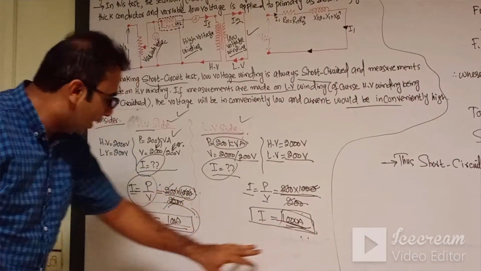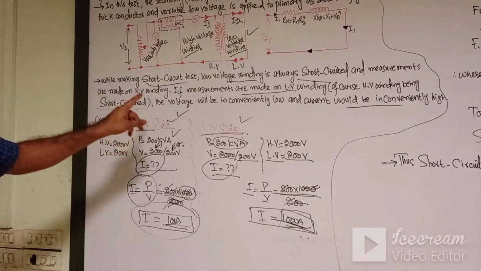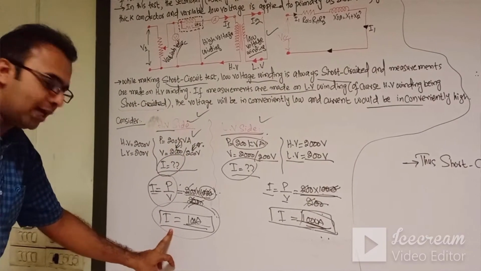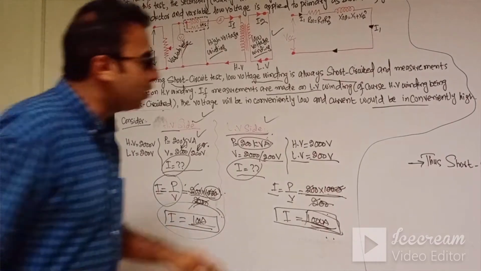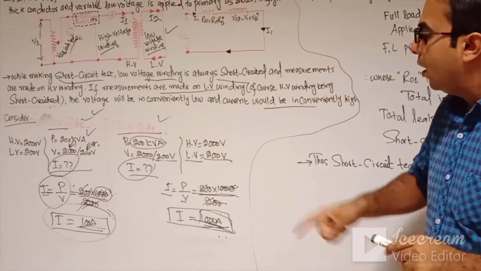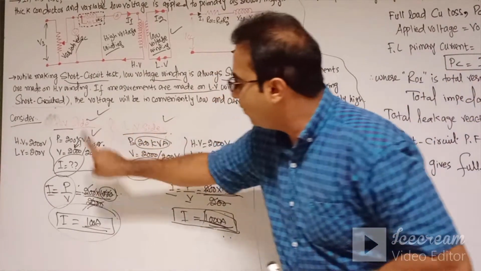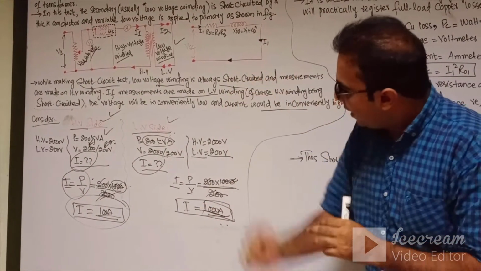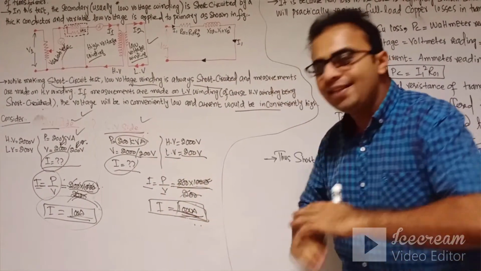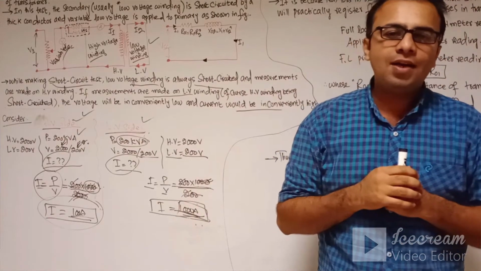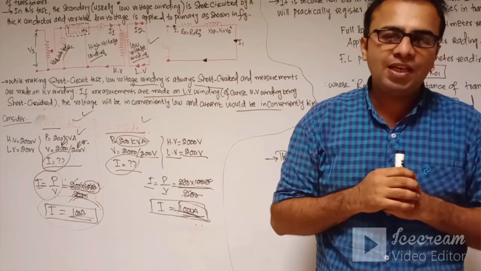Means if we are connecting the metering instruments on the LV side, then it will be 1000 ampere current, okay, and if we have the HV side, where all the measurements are to be taken, then we have calculated the current I is equal to 100 ampere. So from this expression, if we are taking all the measurements on the LV side, then voltage is inconveniently low but current is inconveniently high, so it is very difficult to measure this amount of current in practical application.